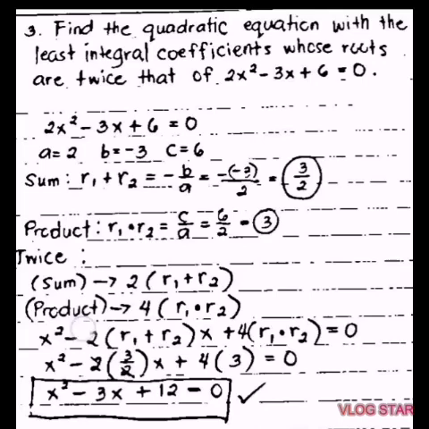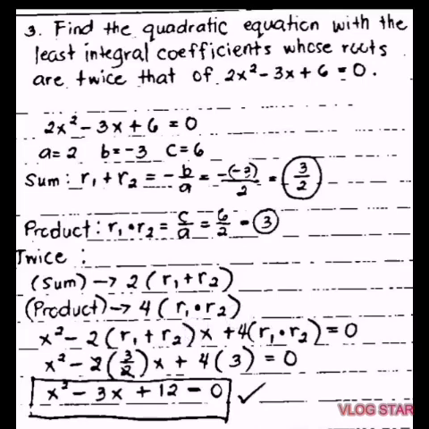And then for the product, maybe you are confused because it says twice the product. Why is it 4? Because we already have 2 here, twice, right? So twice, you have to quadruple it. So it becomes 4 times the product, which is r sub 1 times r sub 2.